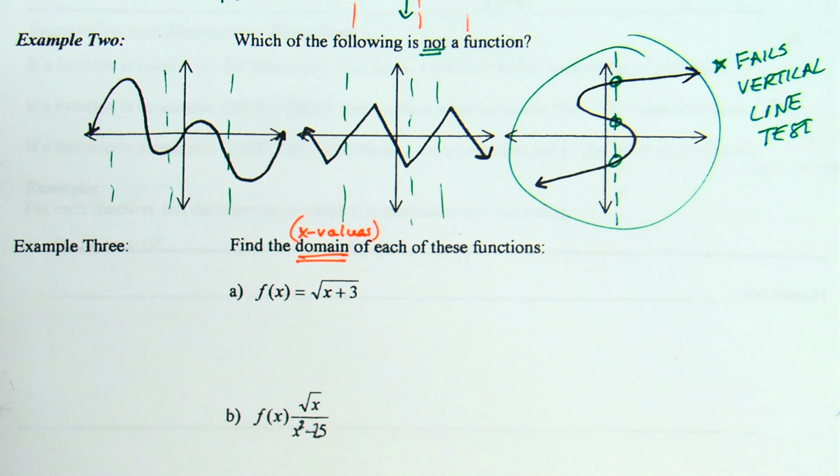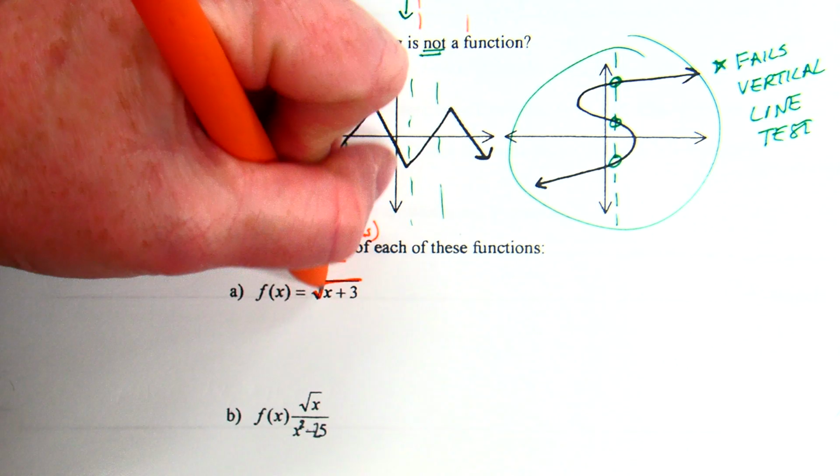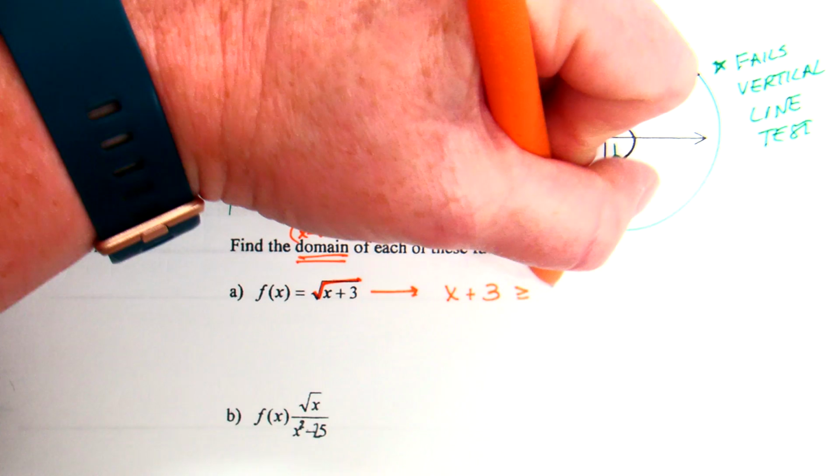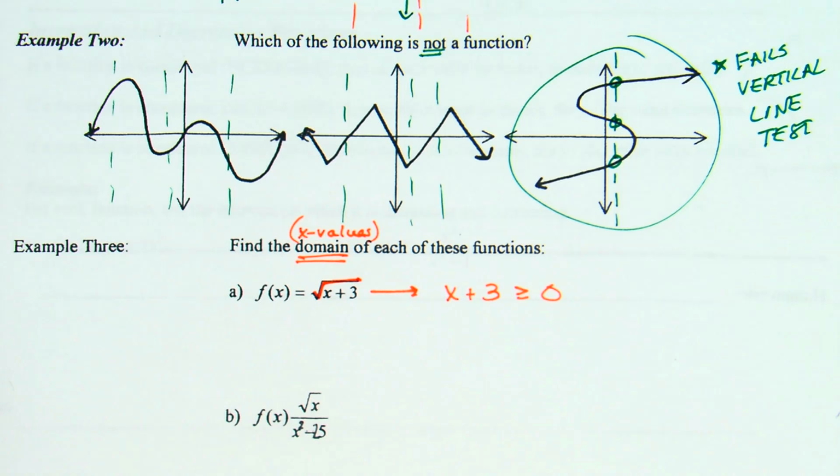Yeah, we have a square root right here. So we will have to talk about the fact that whatever's under that square root, x plus 3, it has to be positive. Or in other words, it has to be greater than or equal to 0. Okay. And I'm going to pause there. I want to start talking about the problem a little bit. Not done with that problem. Okay. We'll come back and finish it tomorrow and talk about what that answer looks like as an answer.